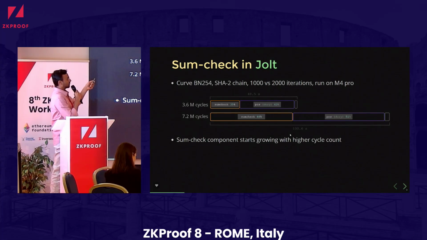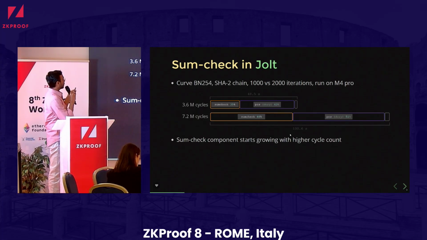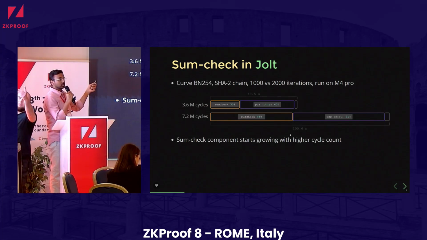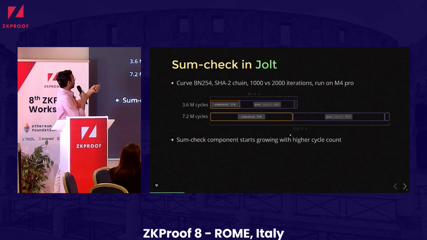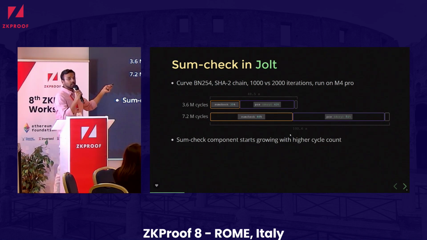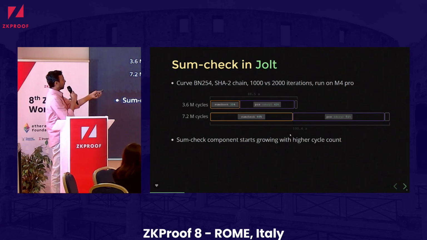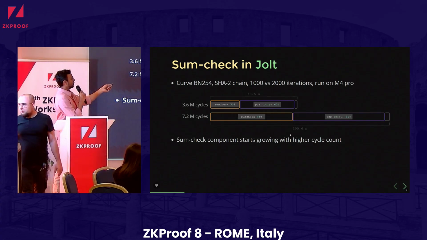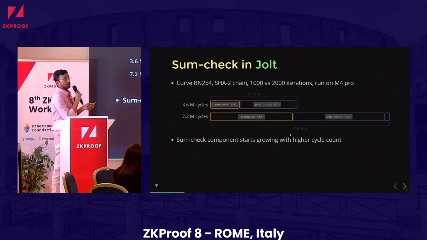What we see is as the number of cycles increases, the sum check contribution starts increasing. So sum check for 7.2 million cycles becomes a 46% part of your end-to-end proving. So in 100 seconds, it's almost 47, 48 seconds that is consumed only by sum check.